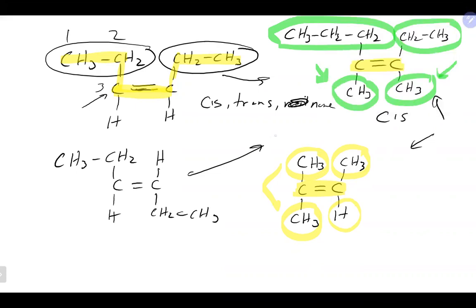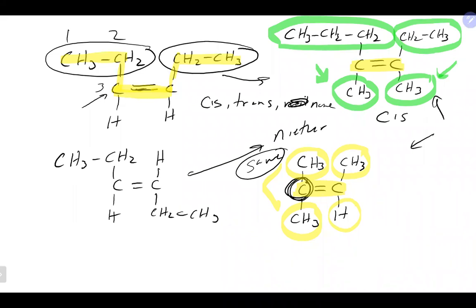So it would be neither. And that's because these guys are the same. So as soon as you hit two groups that are the same on the same carbon in the double bond, there's no possibility to make cis or trans isomers. And that's how you know it would be neither in that case on that bottom one. Any questions on that there?